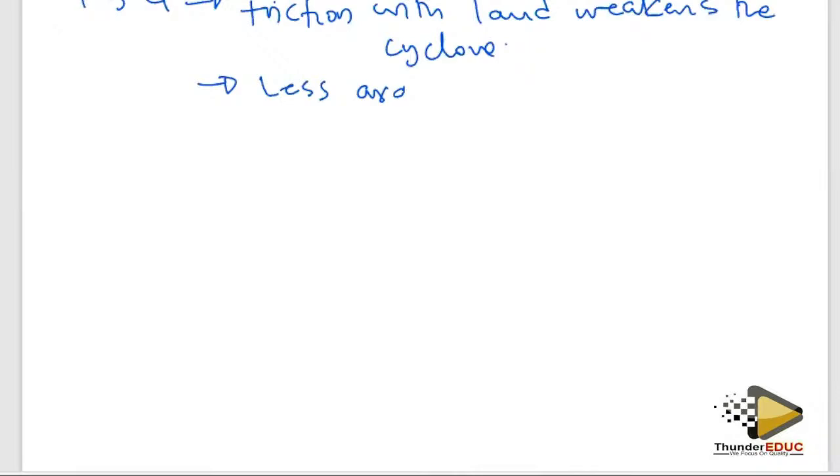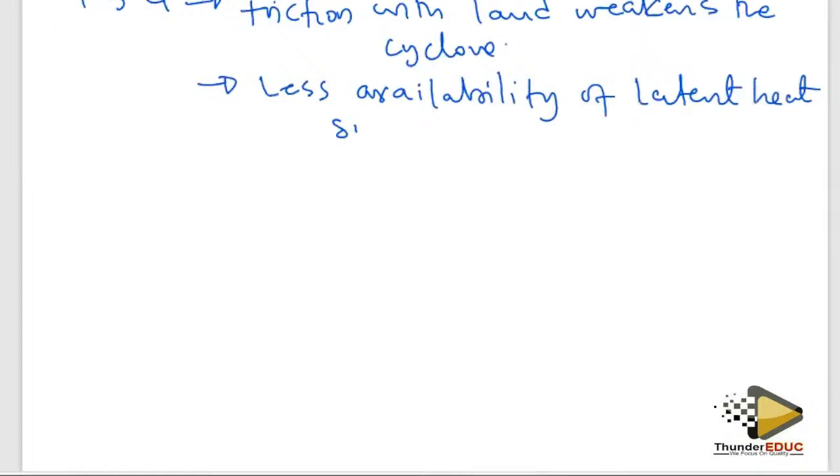Less availability of light and heat supply over Mozambique.